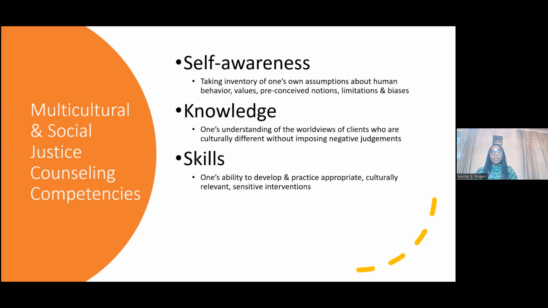So we recognize, again, that a lot of what we learn is not culturally normed, right? The assessments that we use may not be normed for the population that we're going to use them with. So we need to make sure we tailor those tools so that they are appropriate for the culturally diverse client that we're serving.